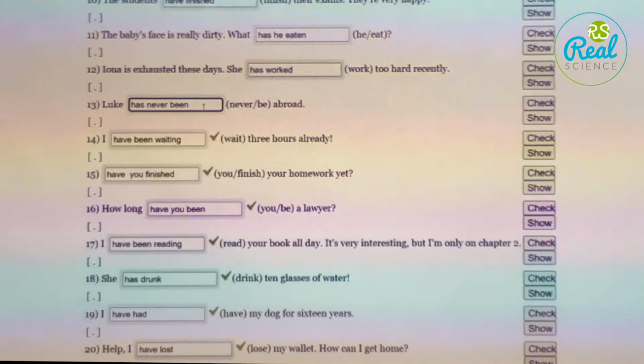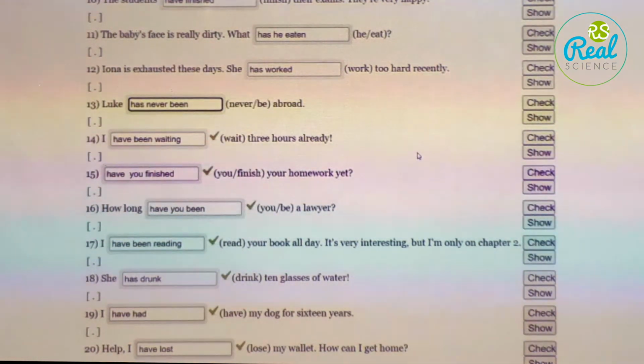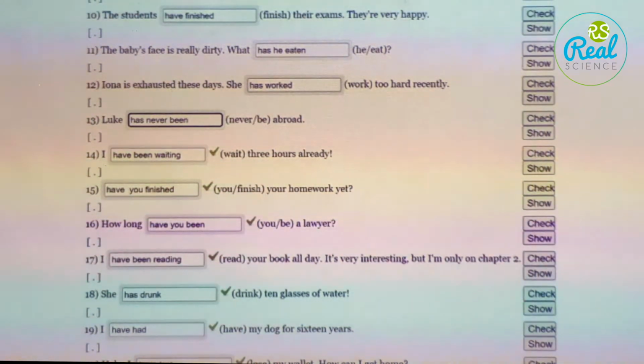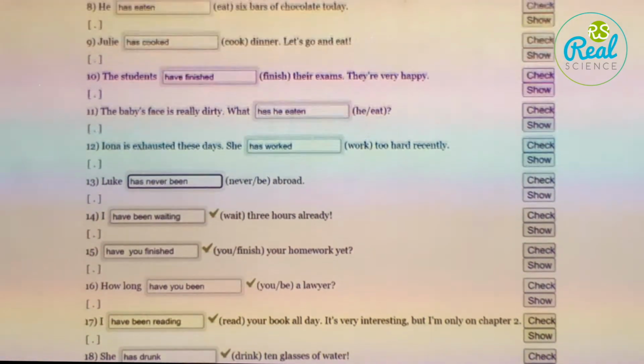You cannot say be, it is actually a stative verb. Being, maybe. Not in, it shouldn't be in. We did it correctly actually. Luke has never been abroad. It's correct. So 12th one.